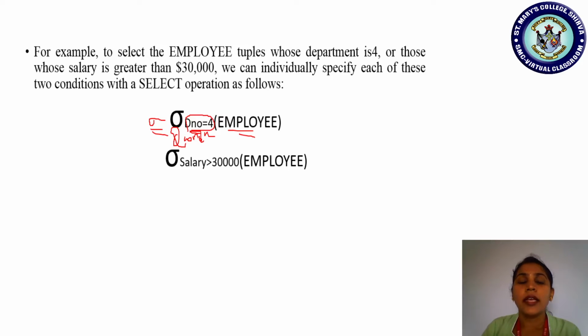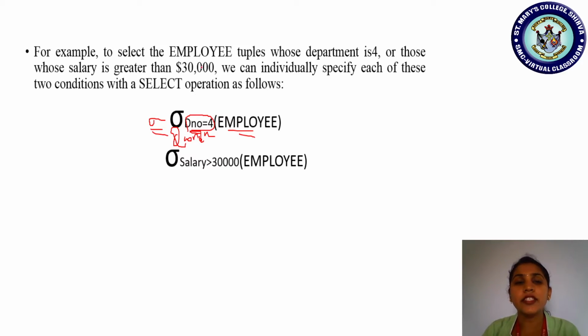In the employee relation, the foreign key attribute, that is department number, you all know, right? In the employee table, DNO is a foreign key, right? So if the foreign key attribute value is equal to 4, then it has to display those employee records. That is the meaning.